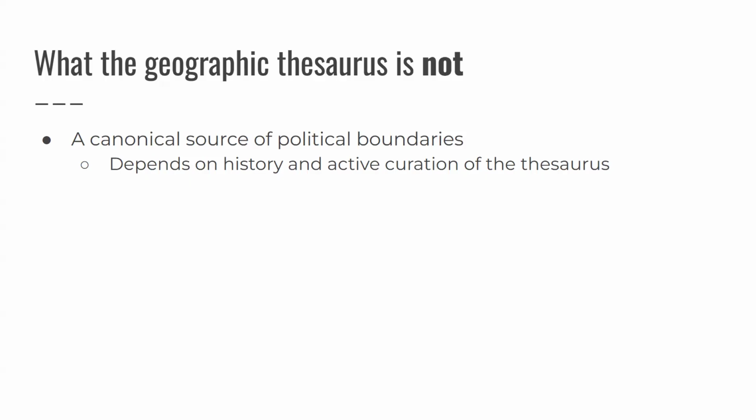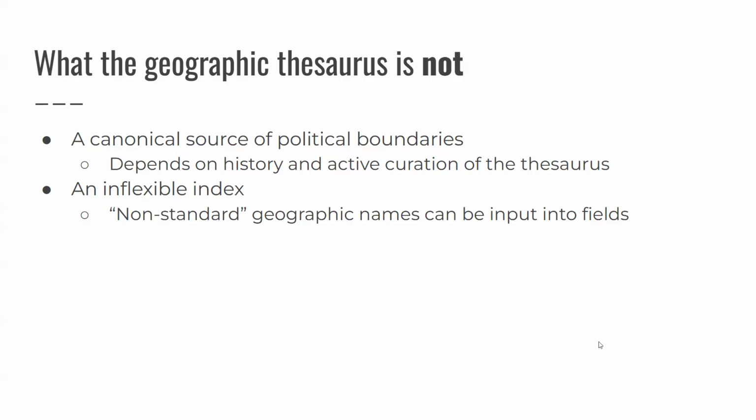They change depending on what country you're referring to for the source of your data. So it really depends on the history and the active curation of the thesaurus. So you may have differing opinions across portals, and that's okay. It depends on how the community wants their geographic units to be delineated.